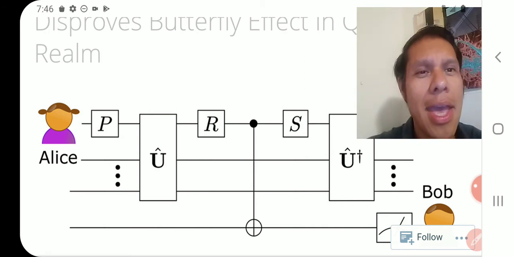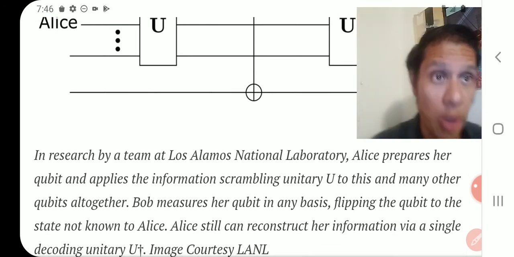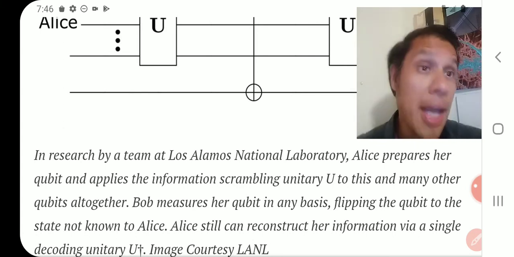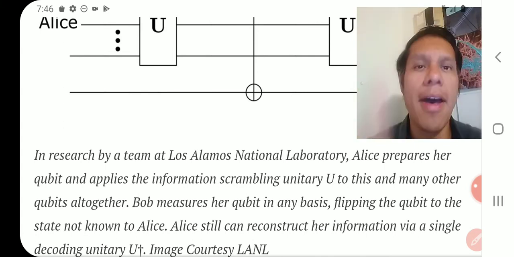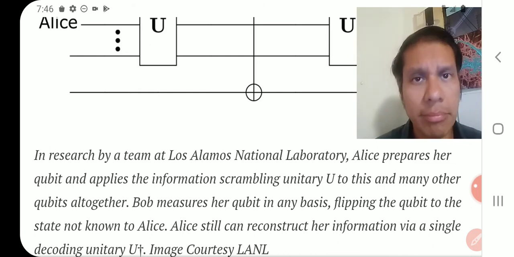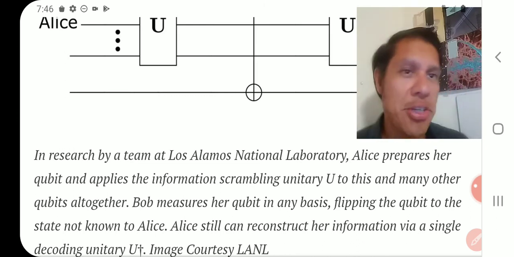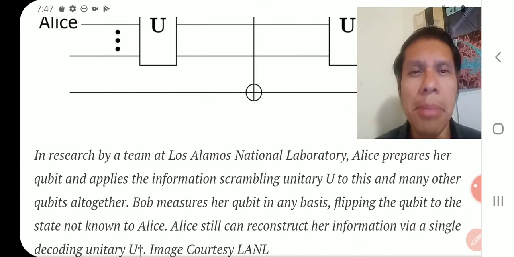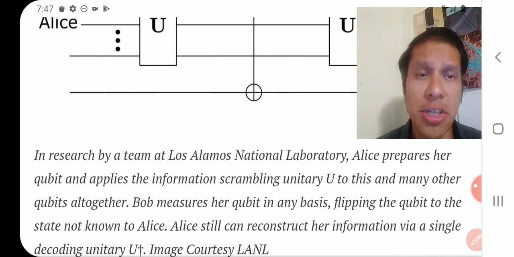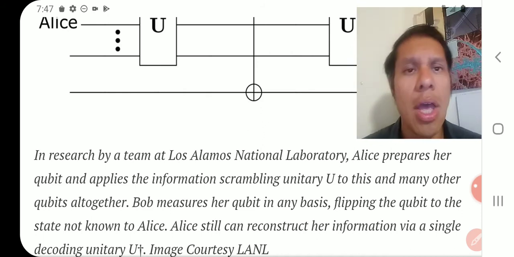Okay, so let me read this paper. Let's see what the article says. I like reading this paper because it tries to simplify much of what's going on. In research by a team at Los Alamos National Laboratory, Alice prepares her qubit and applies the information scramble unitary U to this and many other qubits altogether.